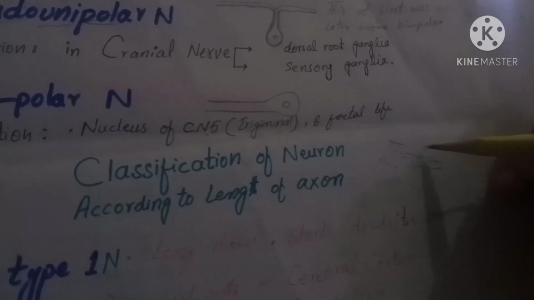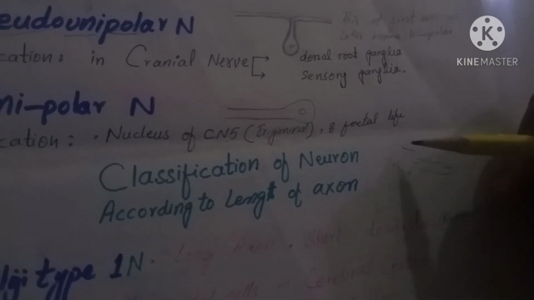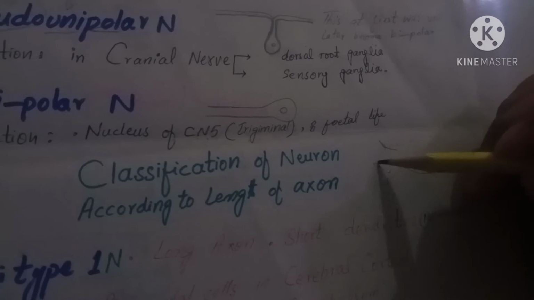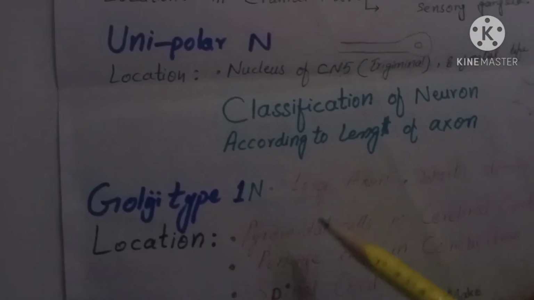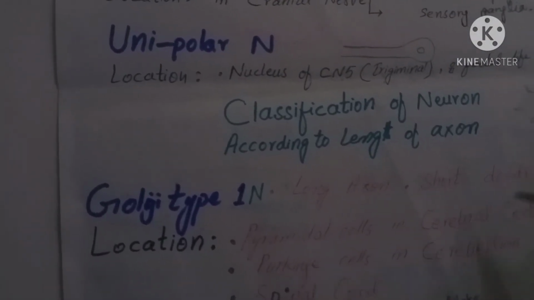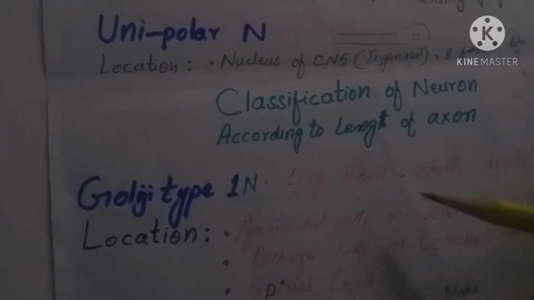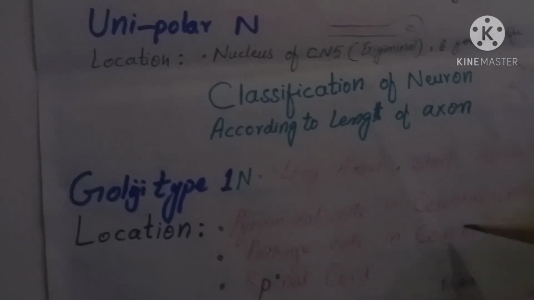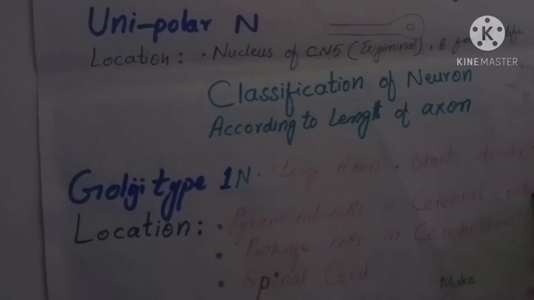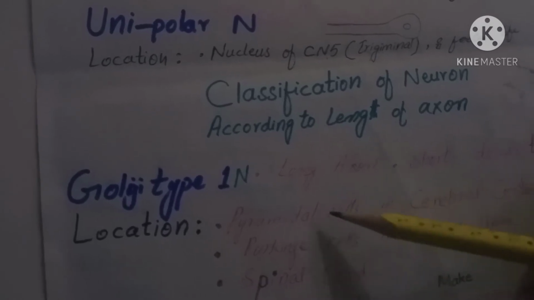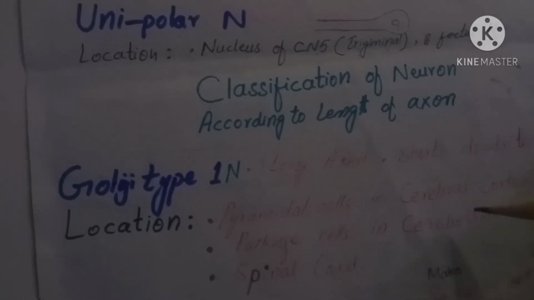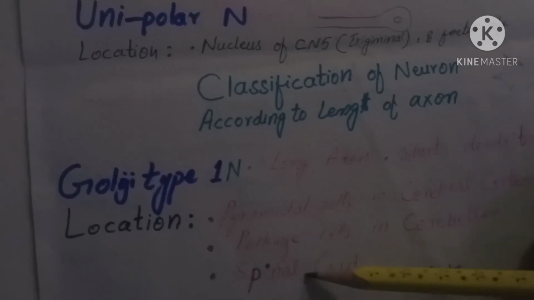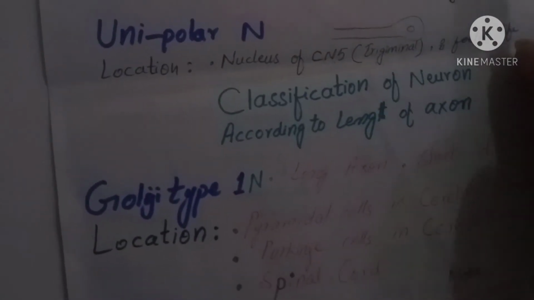In this the axon is long, and the dendrites are short, and it's present in pyramidal cells of cerebral cortex and in Purkinje cells in cerebellum, and as well in the spinal cord it is found.